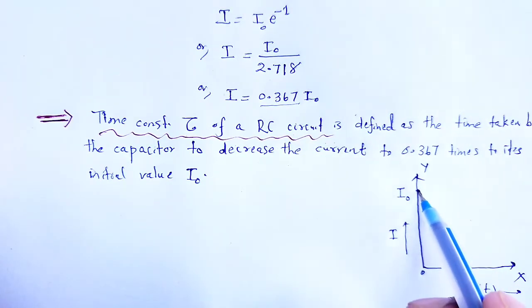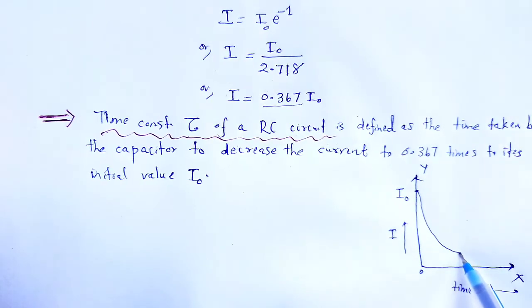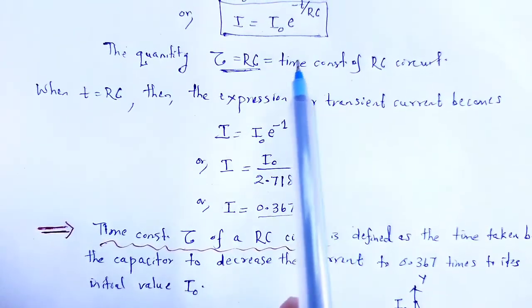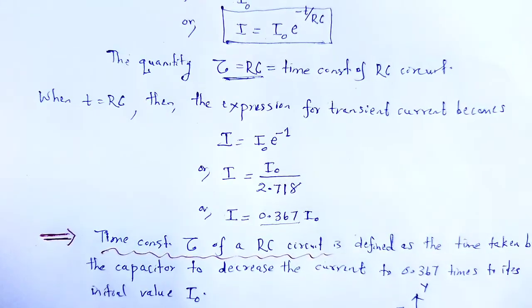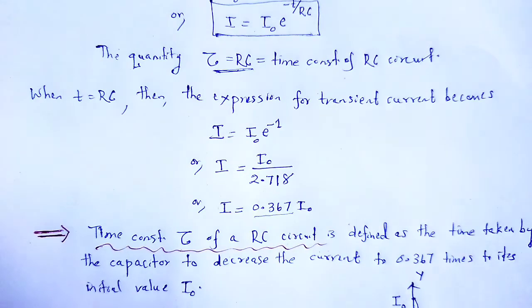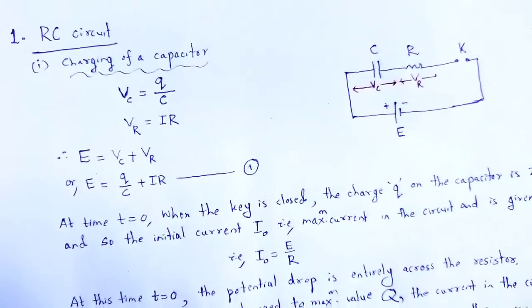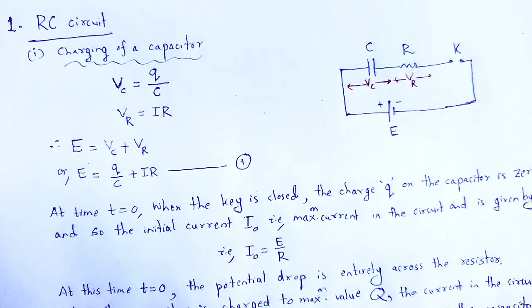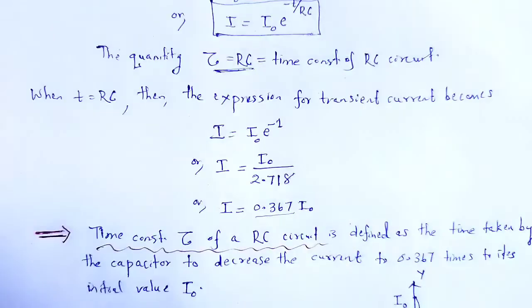So the graph looks like this, and I is equal to I naught e to the power minus t by RC. This is the scenario when charging a capacitor. This is the growth of current, then the decay of current.